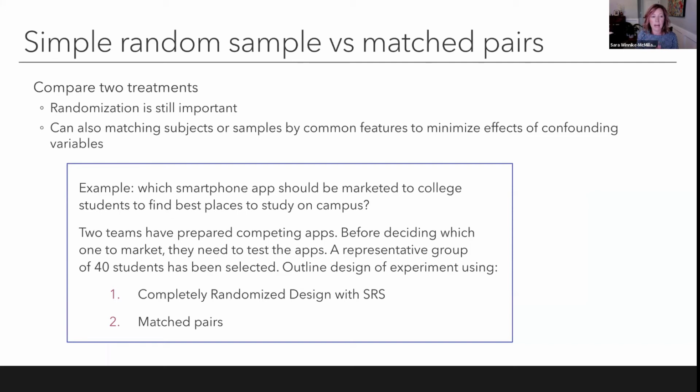We're going to compare treatments and talk about them in a way that minimizes confounding factors as best as we can. So thinking about this situation, I'll give you a minute to read it. We're going to just talk briefly about what completely randomized design means and what matched pairs means. So read through that. I'll give you a couple more seconds and then I'll kind of explain those.